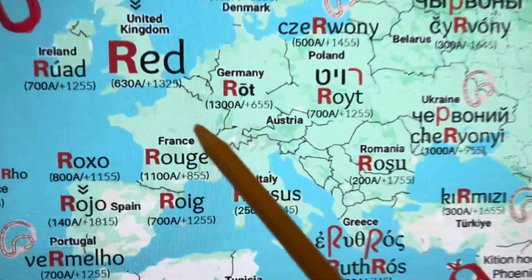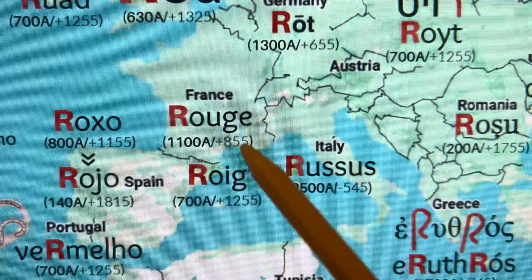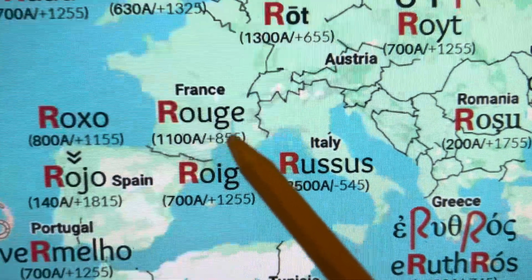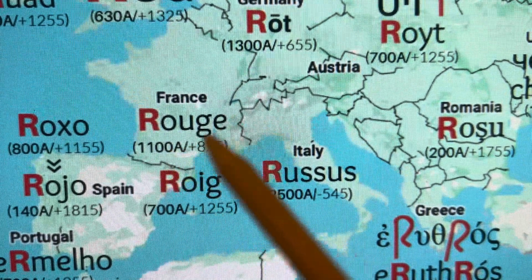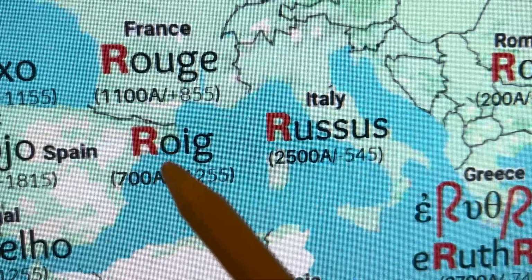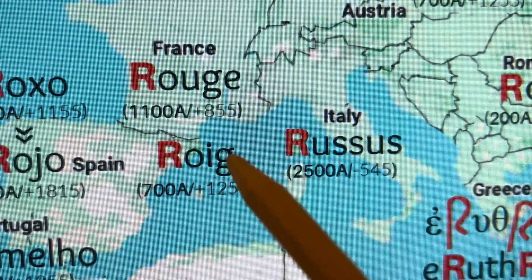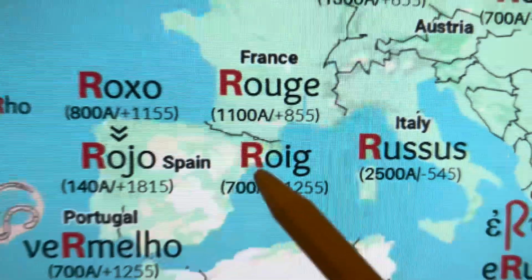And in French we see Rouge from plus 855, or 1100 years before atoms were seen. In the Catalan area, we see this became the Roig, 700 years before atoms were seen in this region.